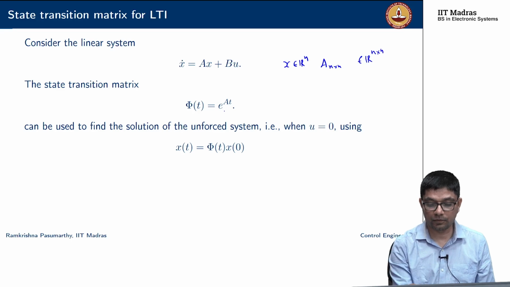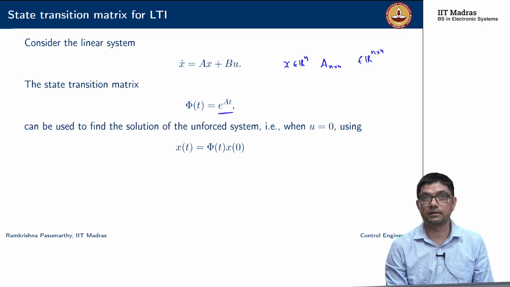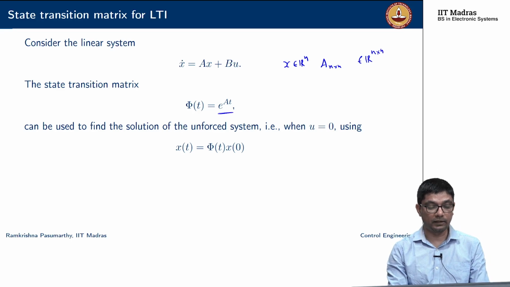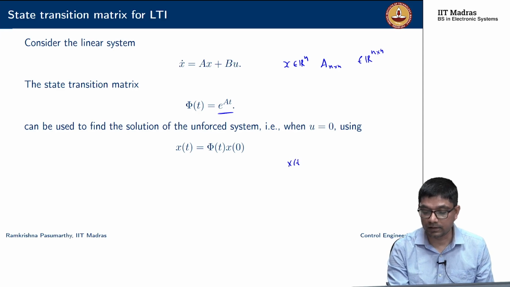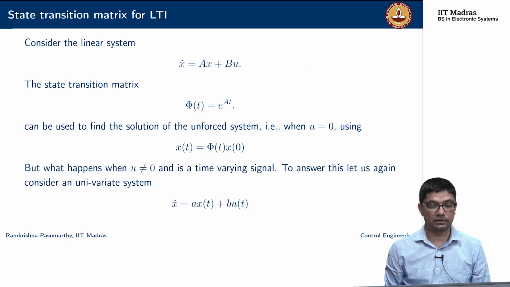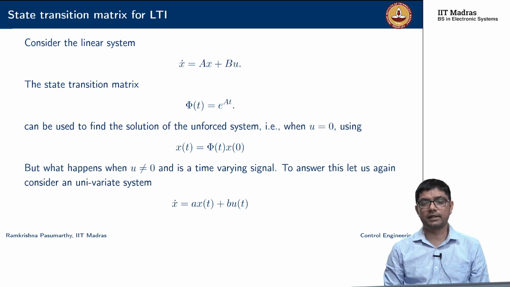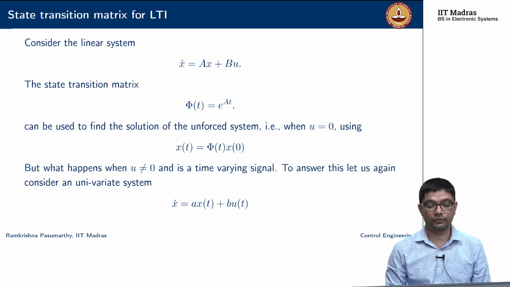We also saw the notion of a state transition matrix e power At, and when u equal to 0, we could easily find the evolution of the system by just computing the state transition matrix together with the initial conditions. We also saw a case when u was not equal to 0, but was a constant. But what if u is a time varying signal?